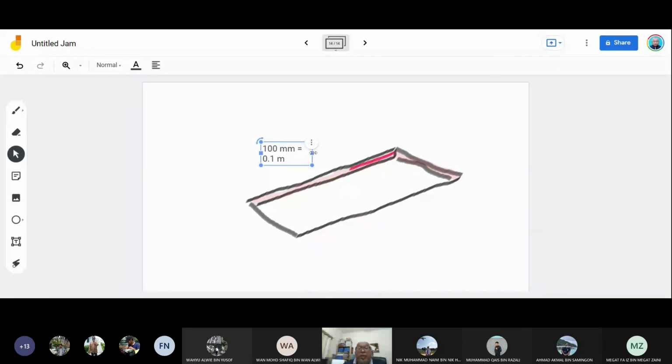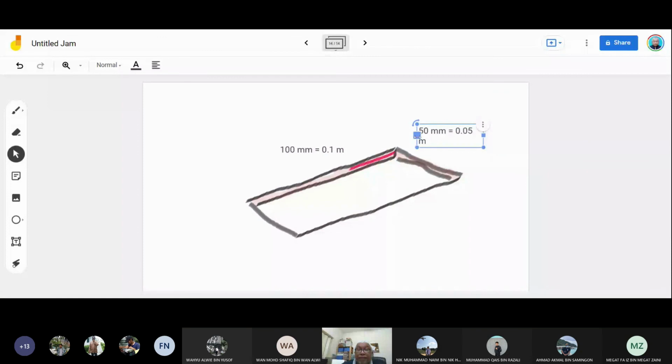Just convert right away. And if we talk about this area, it is 50 mm. Convert to meter, it will be 0.05 meter.